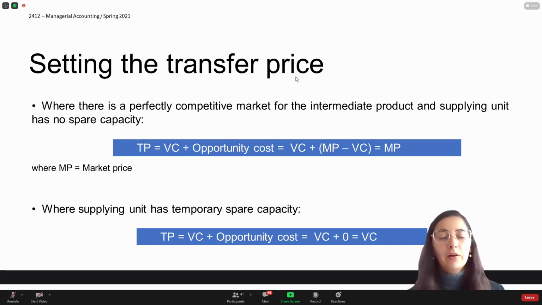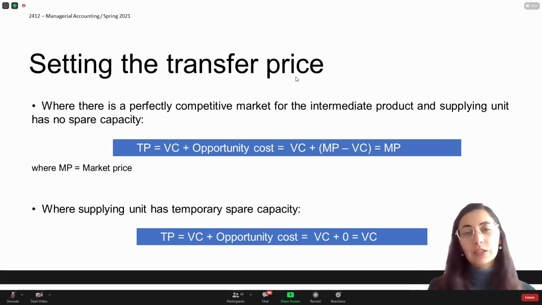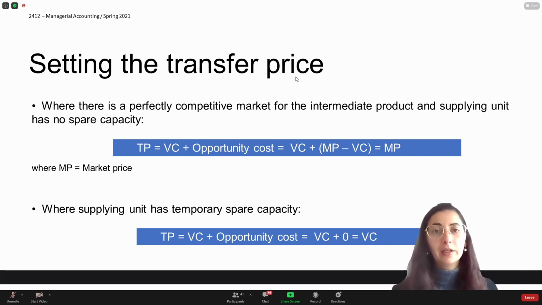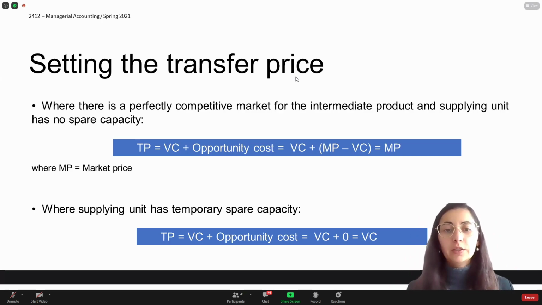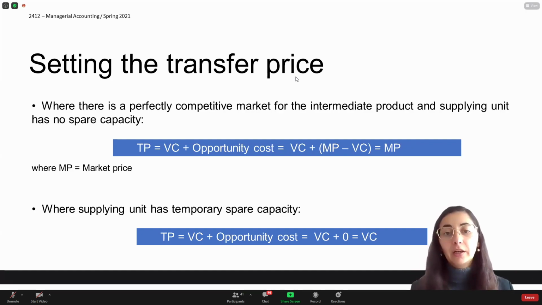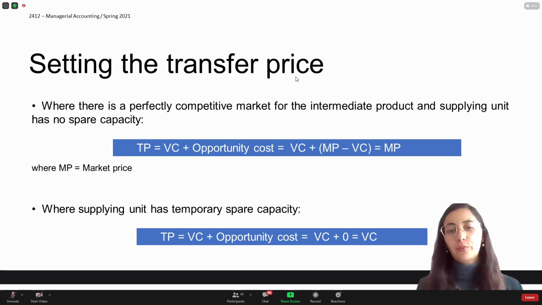So the variable cost plus the opportunity cost. The opportunity cost, if I choose to sell internally instead of selling to the external market, is what is the contribution margin lost? What is the contribution margin lost by not selling to the external market? It is the market price minus the variable cost. This makes the transfer price equal to the market price, okay?